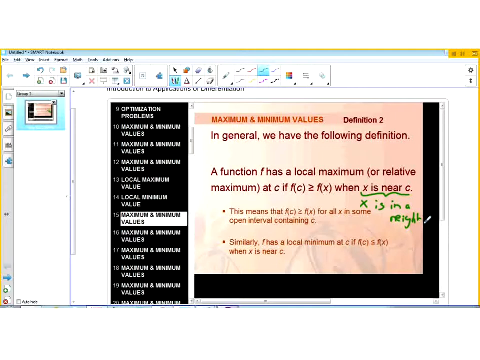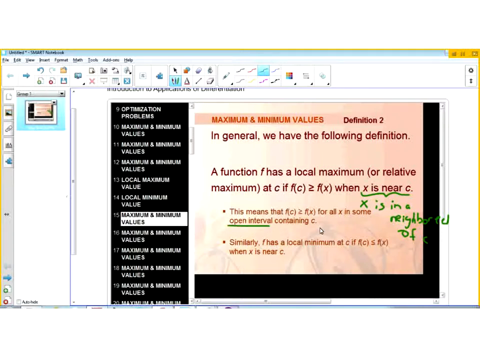of c. Okay, and we know what a neighborhood is, right? It's just a small collection of points or a subset of the x-axis that contains c. So that's another way mathematicians use these words more so than near.